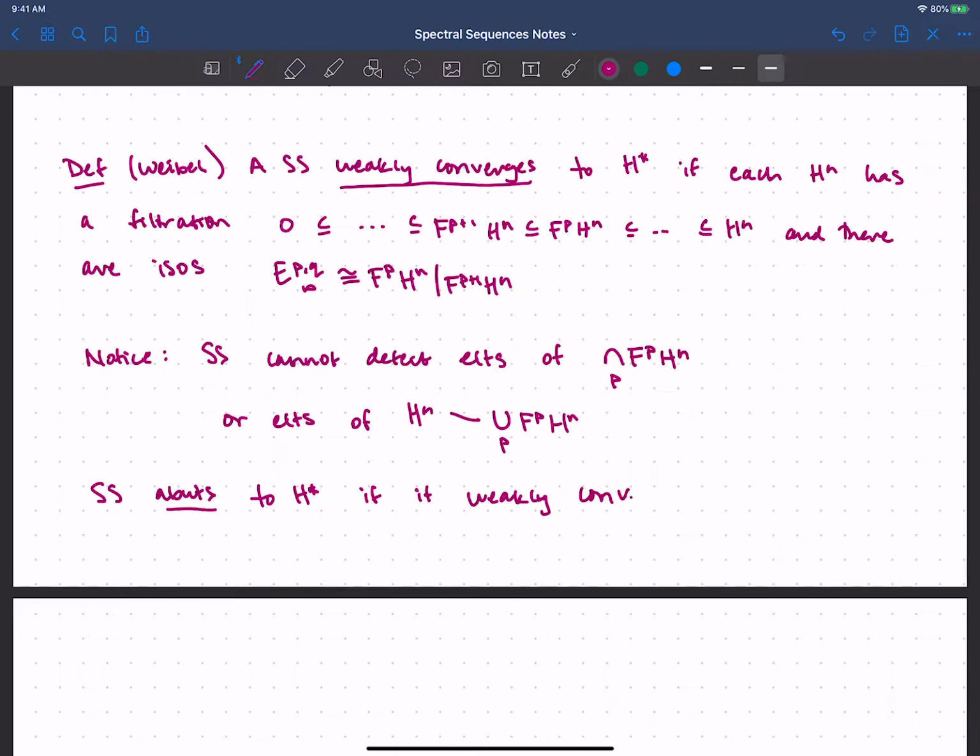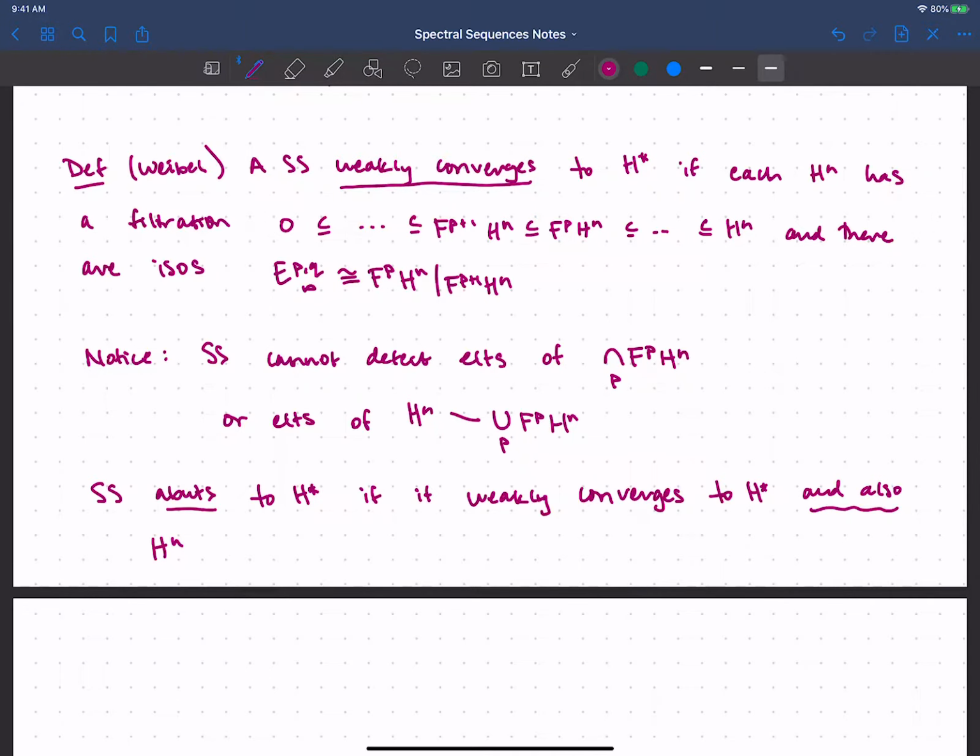So we've got filtrations and identifications of those filtration quotients with our E infinity terms. And what do we need? Well, maybe let me say, and also, because there are going to be two things, we should rule out these funny situations.